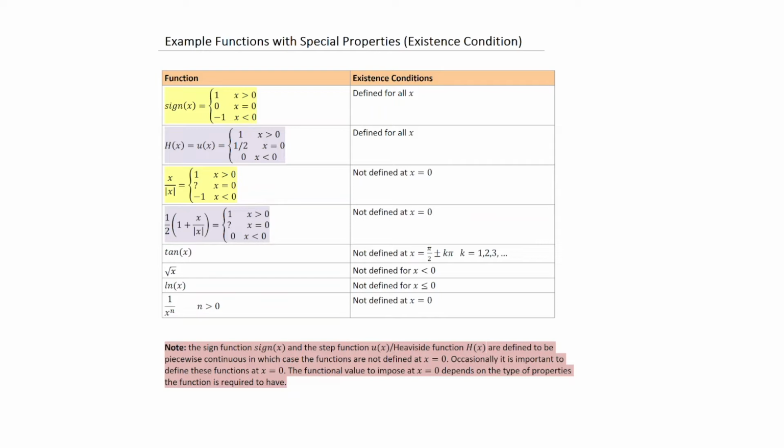For ln x, we know that x must be greater than 0. And for 1 divided by x to some power n greater than 0, the function is not defined at x equals 0. There are many other functions out there which exhibit certain properties, but these are the most common ones. It's useful to have as a reference. It's not that you have to memorize it. It's just that we'll make reference to some of these functions at various points throughout the course.